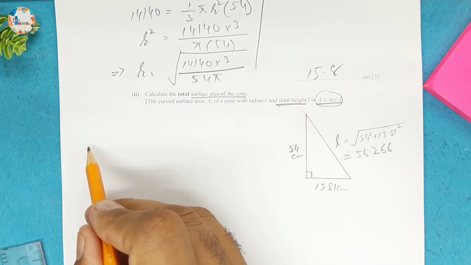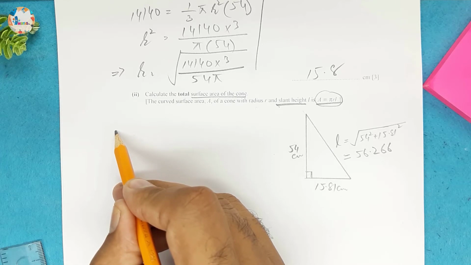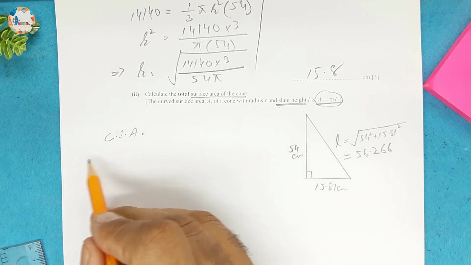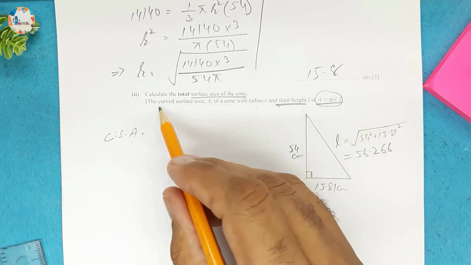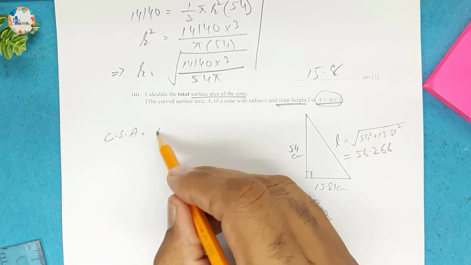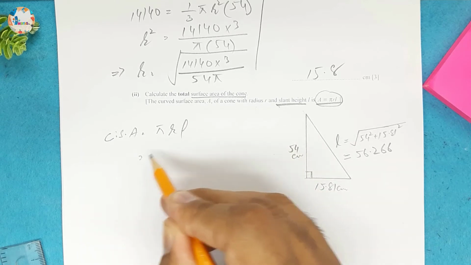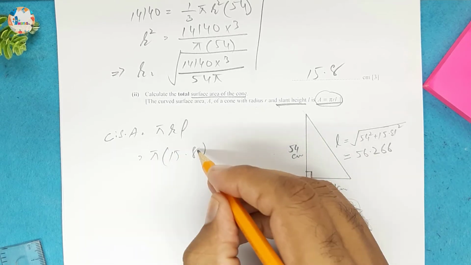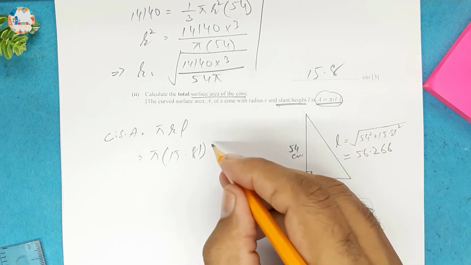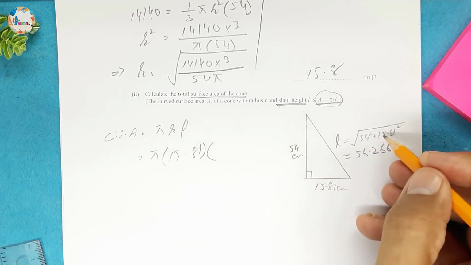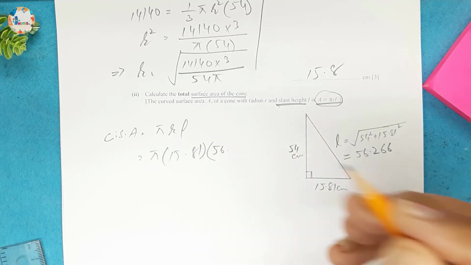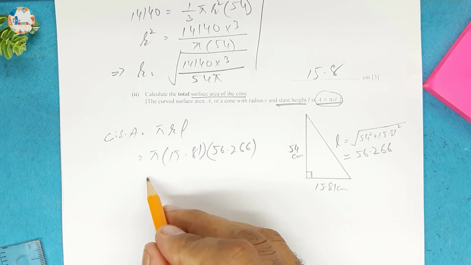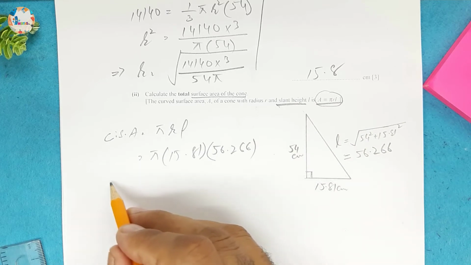So the curved surface area of the cone will be equal to, they have given the formula, A is equal to pi r L. So pi into radius 15.81, and the L value is 56.266, and this one will be the curved surface area.